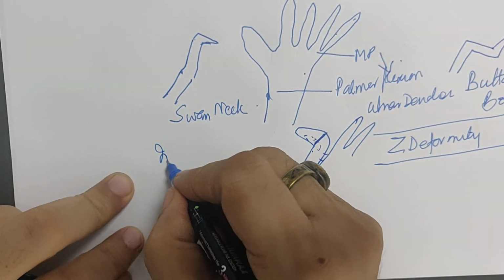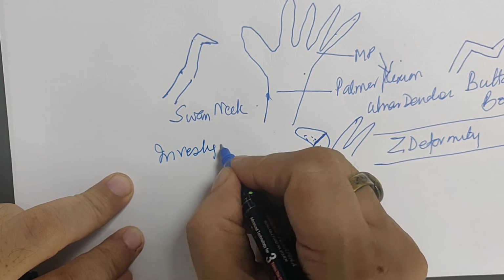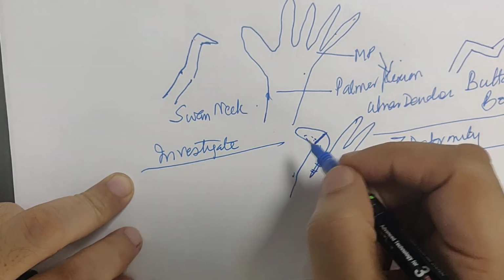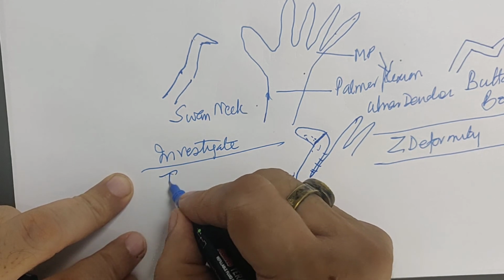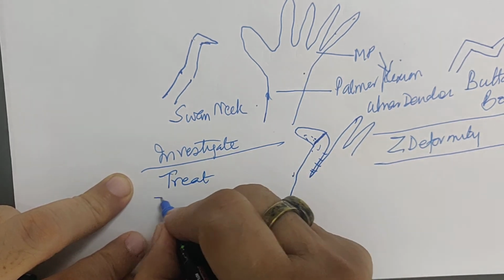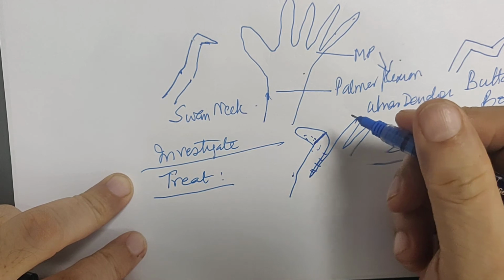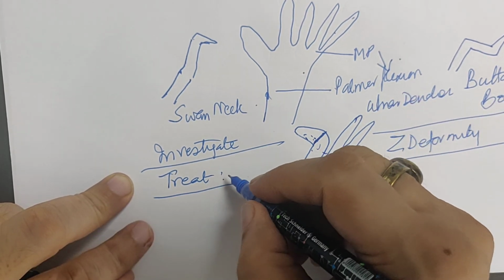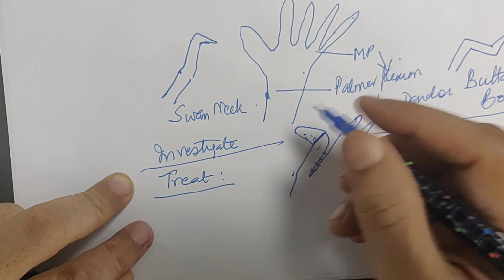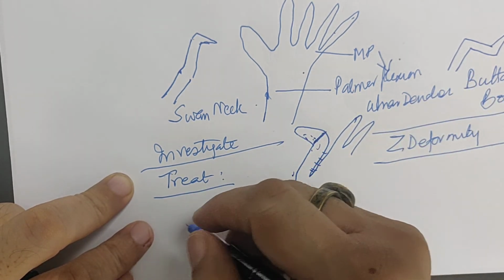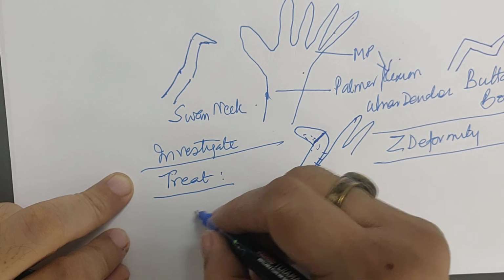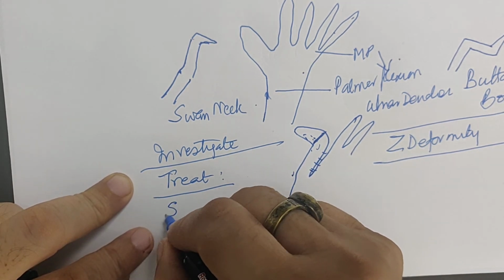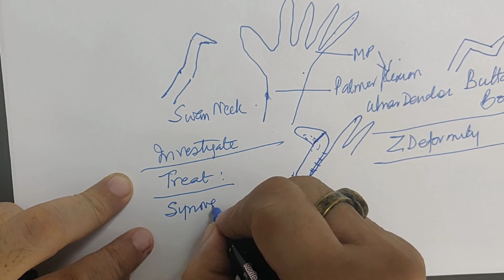You have to investigate it as rheumatoid arthritis, and you have to try to treat rheumatoid arthritis by physiotherapy and by splinting it so that deformities don't develop. But if deformities develop, you have to decompress the capsule, which is by synovectomy.